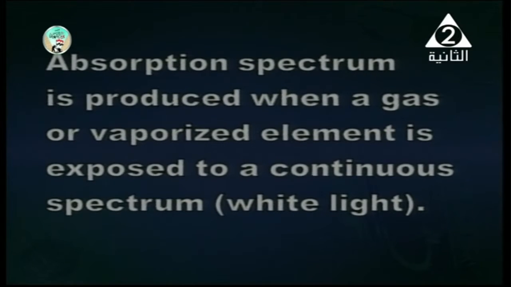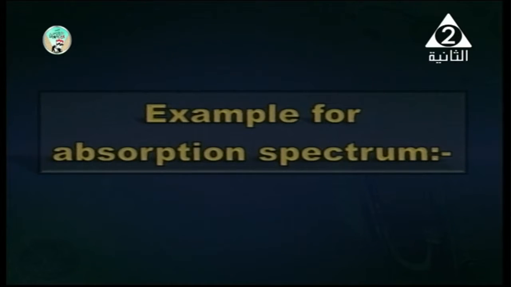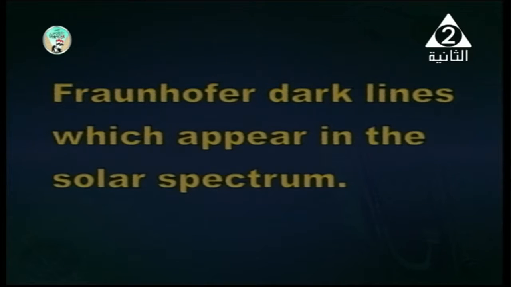Example for absorption spectrum: Fraunhofer dark lines which appear in the solar spectrum.